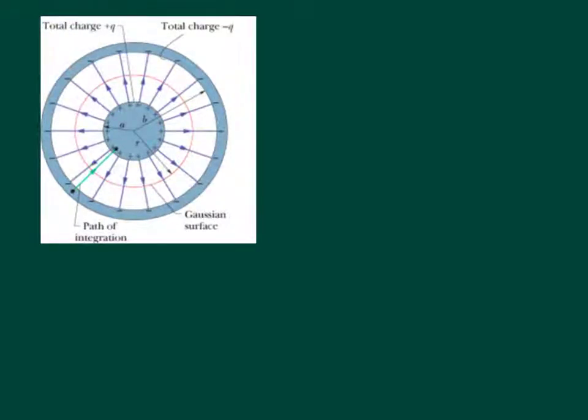Cylindrical capacitor. We will need more math here. First of all, I want to point out that in a cylindrical capacitor, we assume L is a lot bigger than b. b is the outer radius, and a is the inner radius.